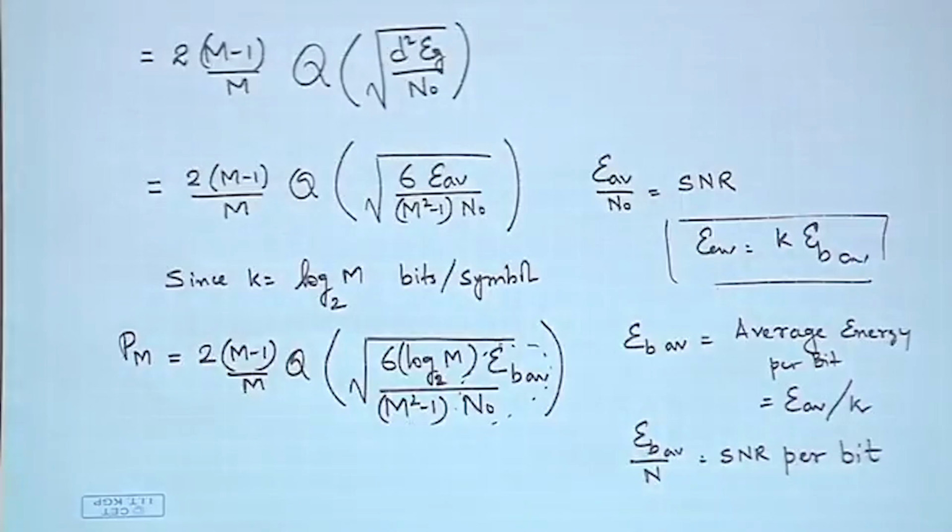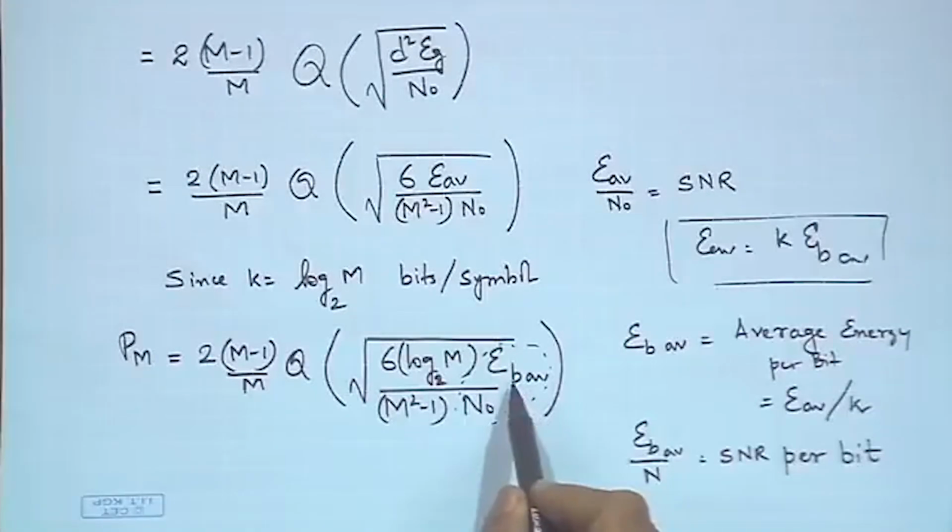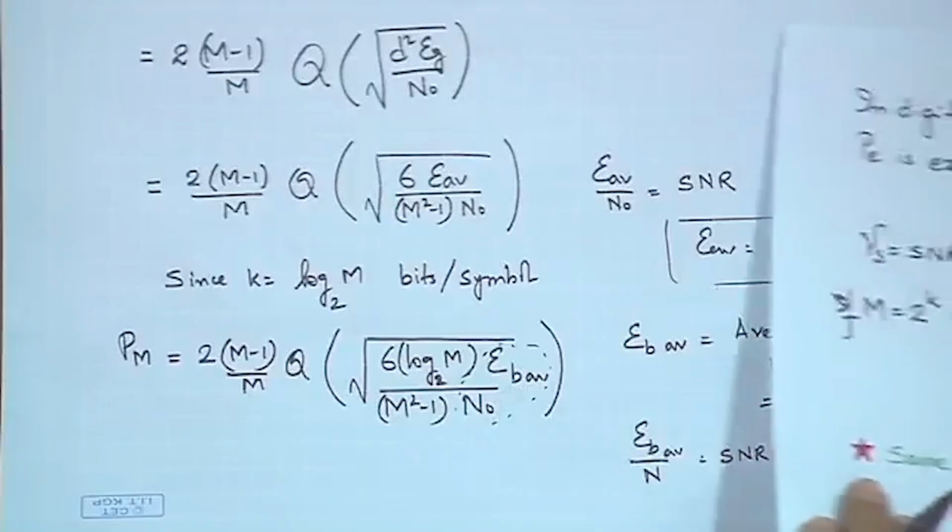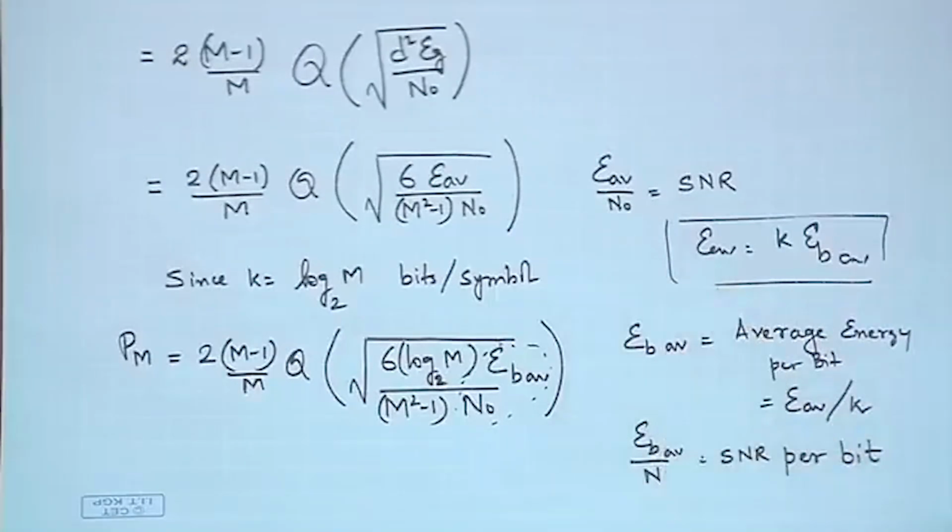Now moving further, we have defined Eb average, that means the average bit energy, which we discussed earlier.